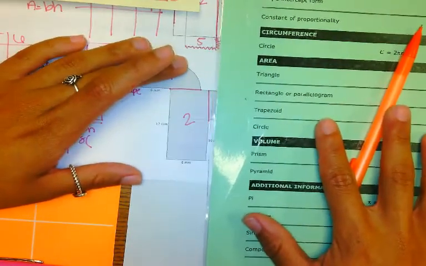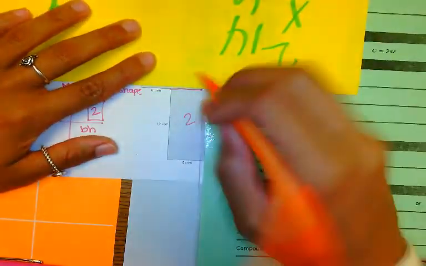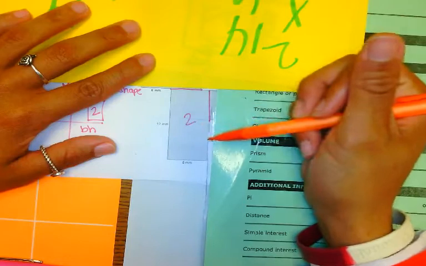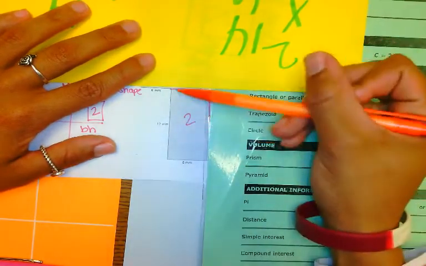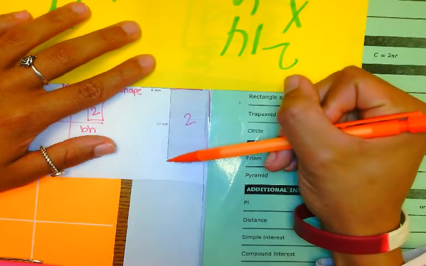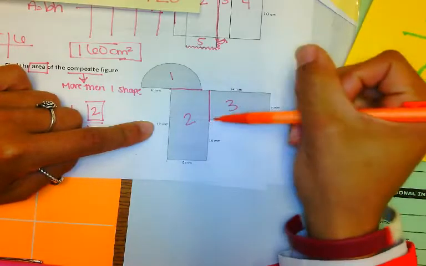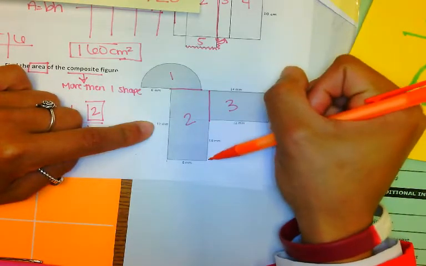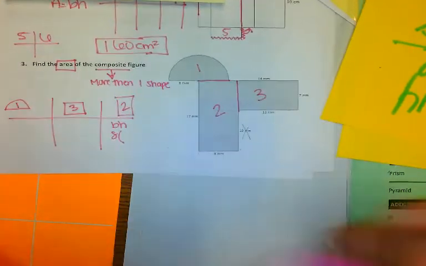So you have this shape here, and you have this covered up, so I'm left with this, right? Now, if I look at just this, I know that my height has to go from here to here. Well, the only one that goes from here to here is 17. 10 does not go all the way. It only goes here to here. So we're not going to use this 10, okay? So I'm going to use this 17.